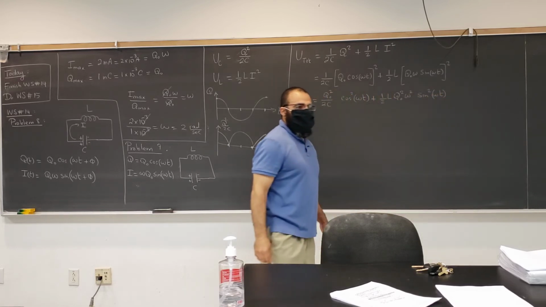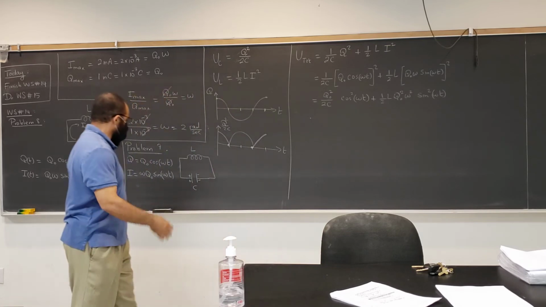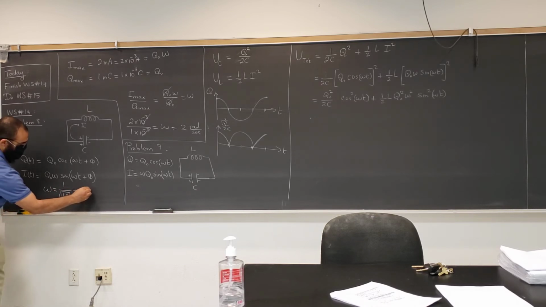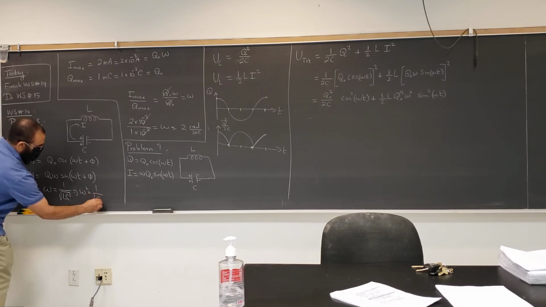But what do we know about omega for an LC circuit? How is it related to L and C? It's 1 over the square root of LC, thank you. So omega squared is actually just 1 over LC.